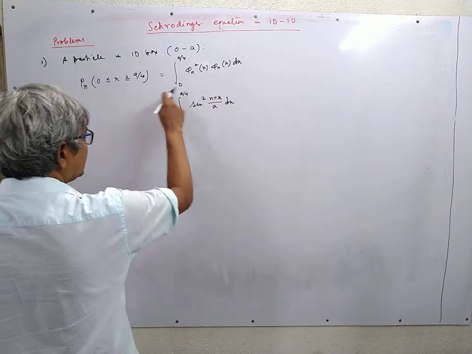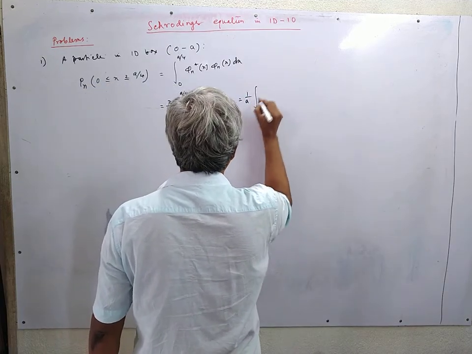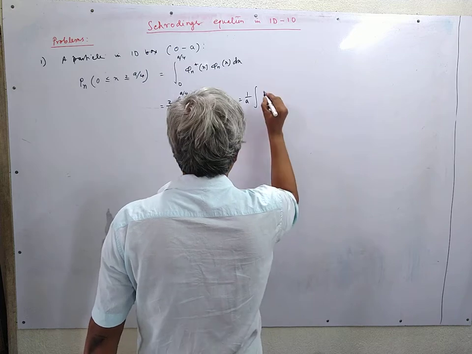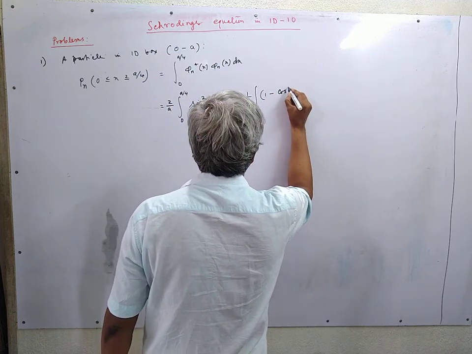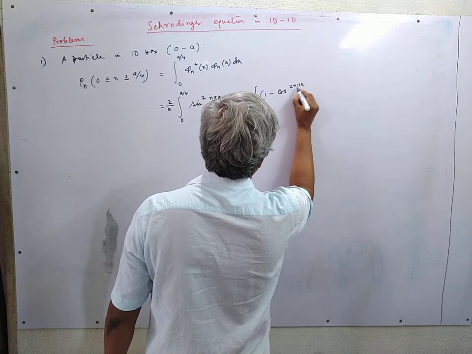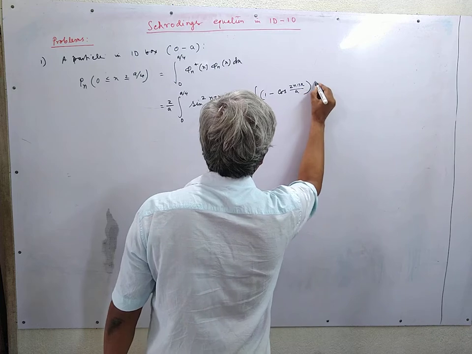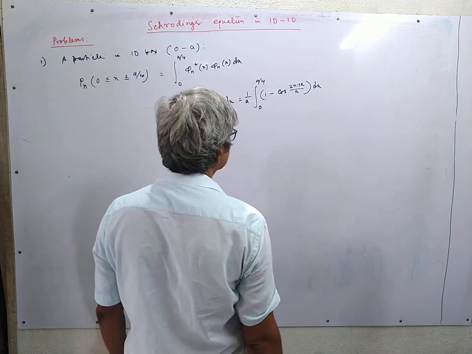If we take these two, then this becomes 1 by A integration of 1 minus cos of 2n pi x by A dx from 0 to A by 4.